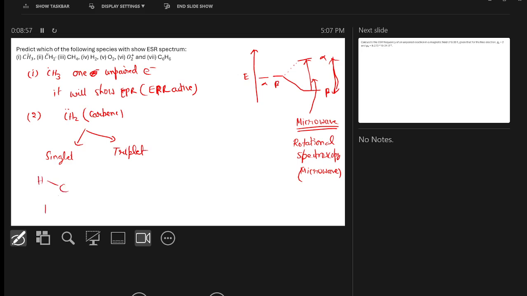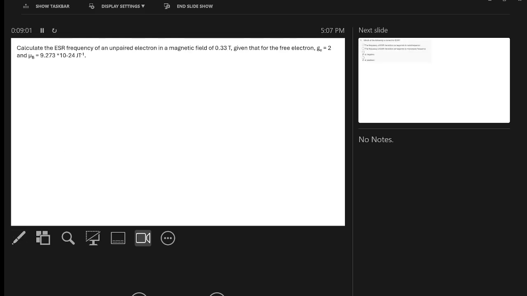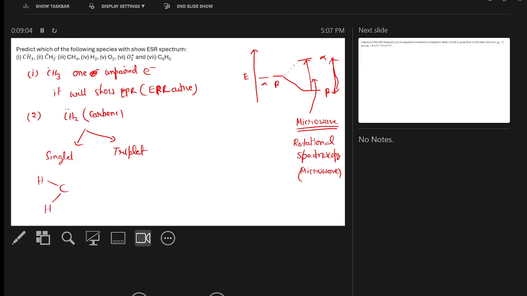The hybridization is sp2 and you have this pz orbital. See, in singlet you will have one electron here and one electron here. So you can see clearly there are two unpaired electrons.